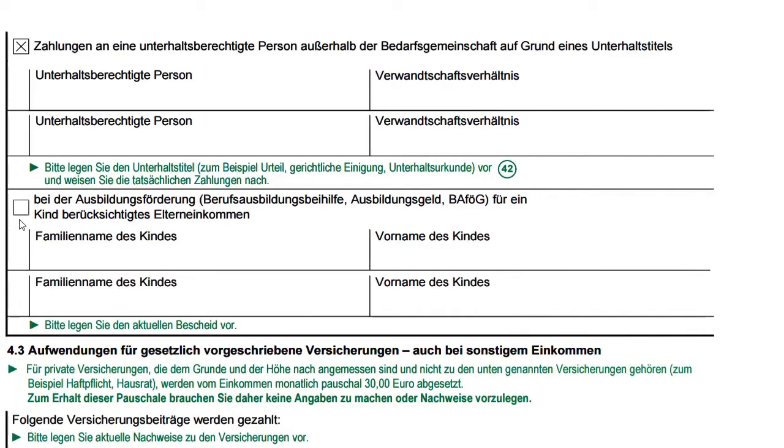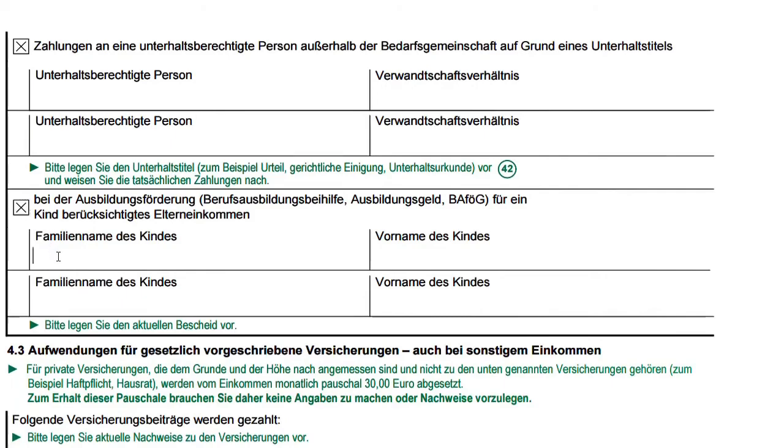If this person has a son or a daughter who is doing an Ausbildung or a vocational training and getting the support for his or her vocational training, for example, he or she is getting Berufsausbildungsbeihilfe or Ausbildungsgeld or BAföG, and his or her parents' income has been also considered, then you mark here with a cross.